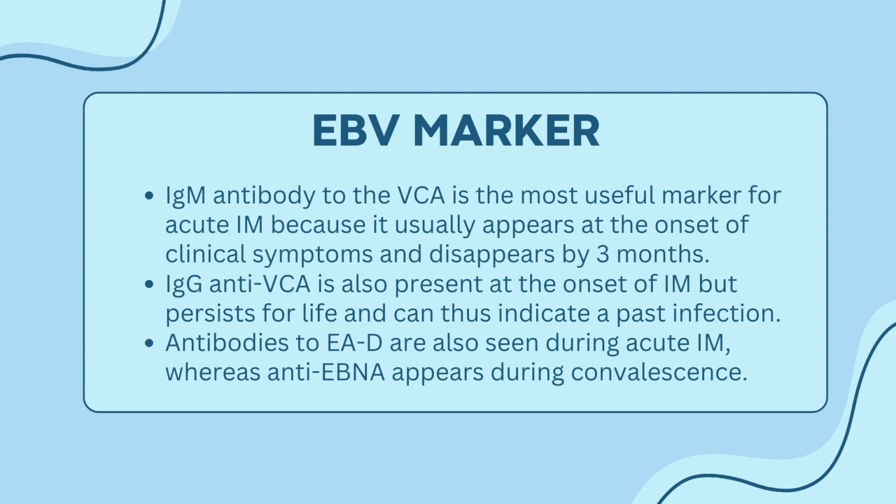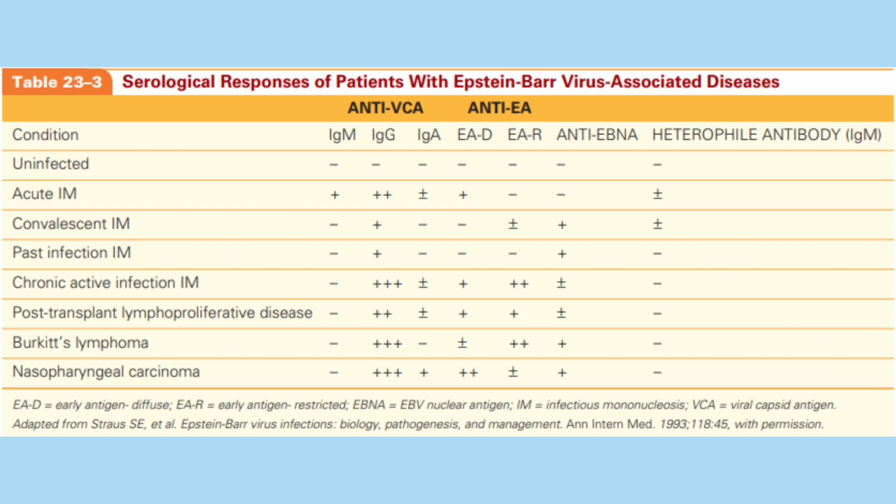Thus, the acute primary infection is typically indicated by the presence of IgM anti-VCA and anti-EAD as well as the absence of anti-EBNA. Then we have a summary of serological responses during acute, convalescent, and post-IM.